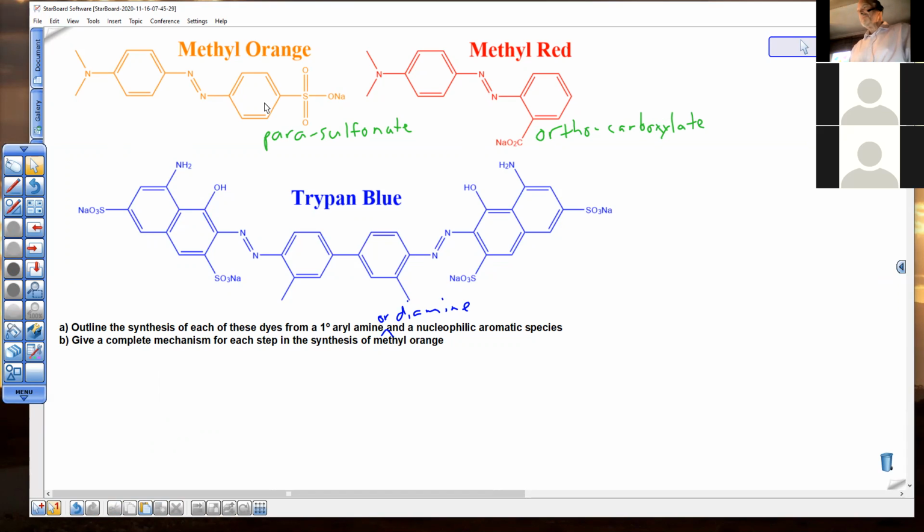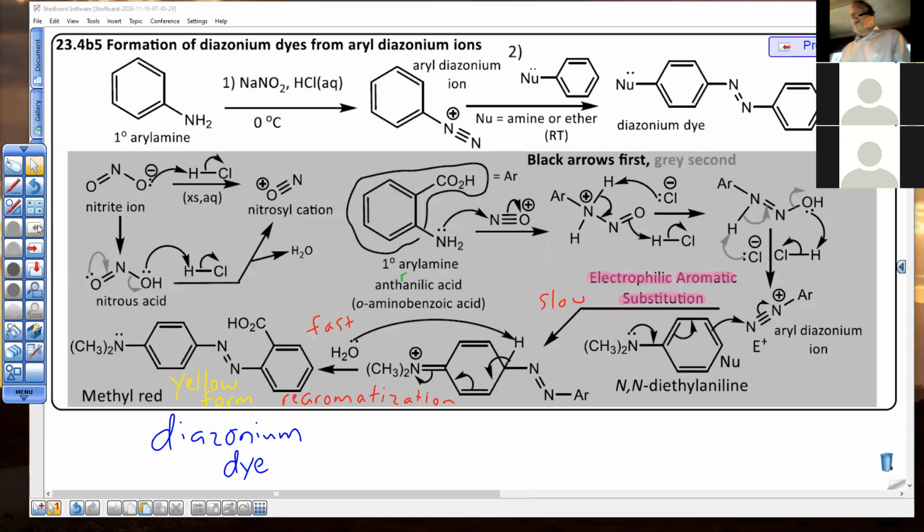Methyl orange. We have to decide which part of the dye started as an aniline, and that's the part that gets diazotized. It has to be some kind of aniline. This is aniline here.